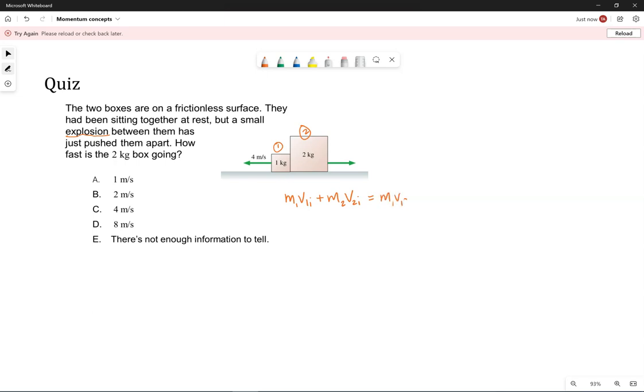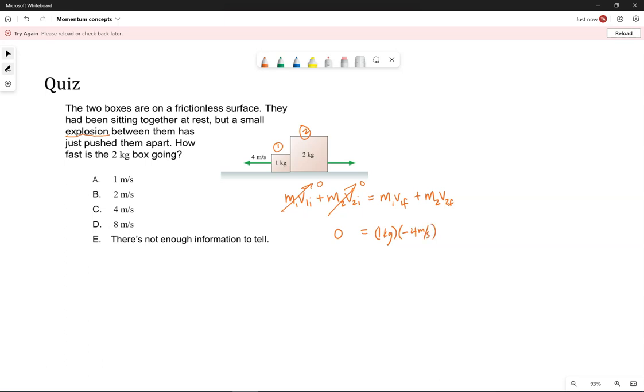They move off in their individual directions. Now, they were sitting at rest on the frictionless surface, so initially this system had no momentum. We know the 1 kilogram box ends up moving to the left at 4 meters per second.